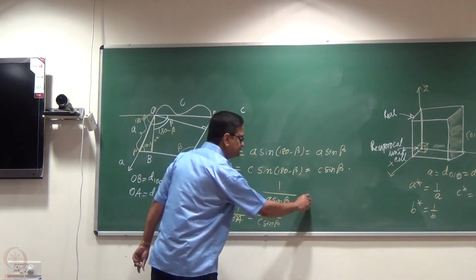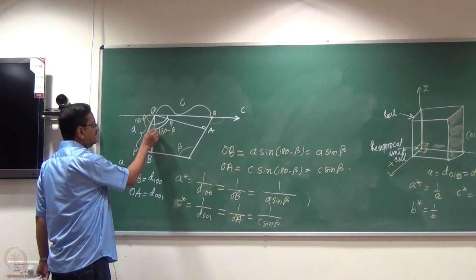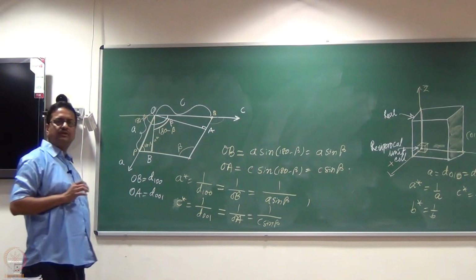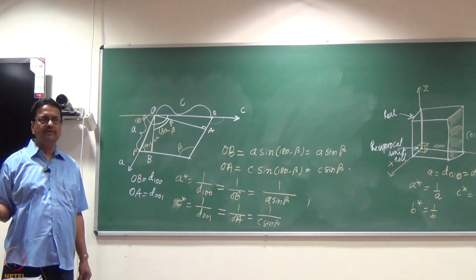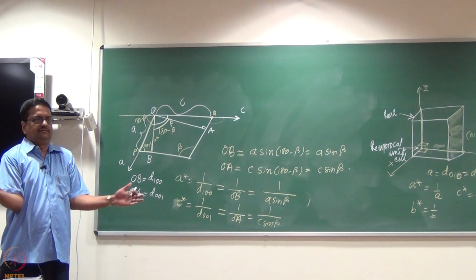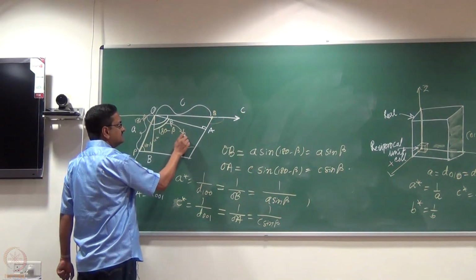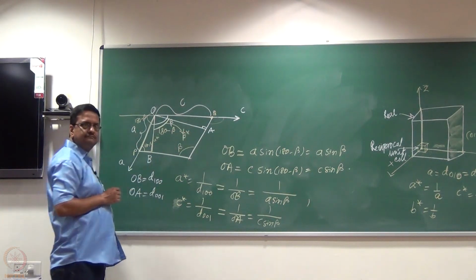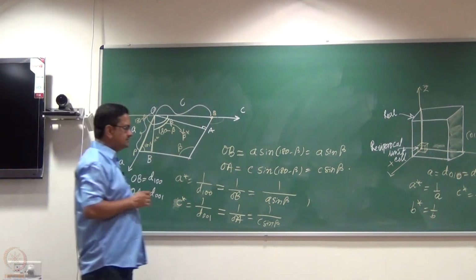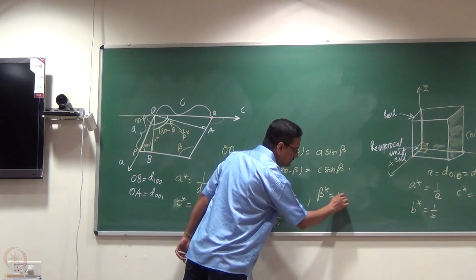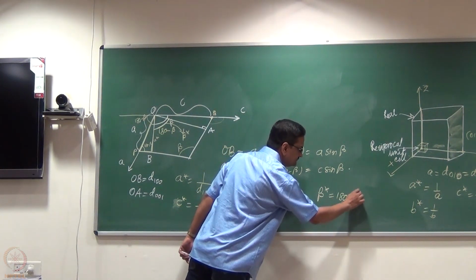And this angle is the reciprocal lattice angle between the two reciprocal lattice axes. So that angle should be termed as beta star. So that beta star is equal to 180 minus beta.